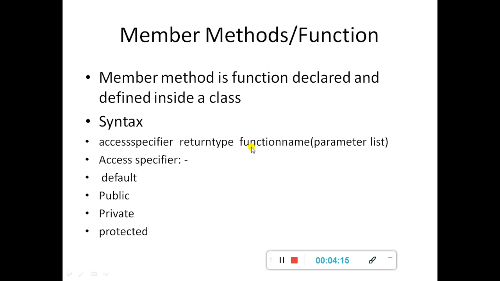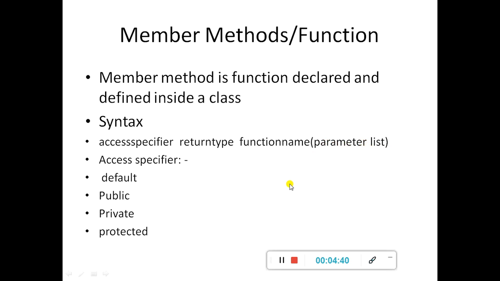But if a function is returning a value, say a string or an integer or a float or a boolean or any data type, then you have to mention the return type there, then the function name, and the parameter list. The parameter list is also optional. If a function requires any parameters, then we have to pass them. If it doesn't require any, then the parameter list will be empty.